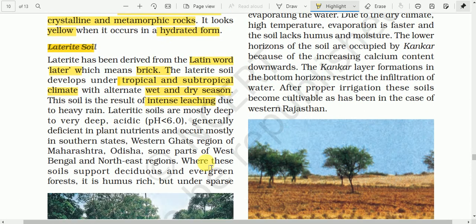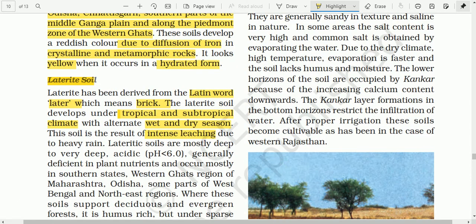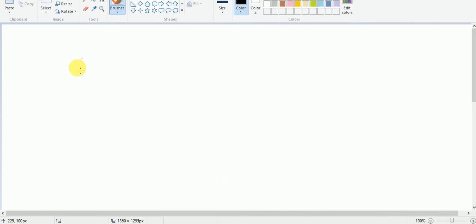And about the leaching process, I think you might have learned in the science classes. For example, here this is the surface, and this is the topmost layer of the soil. That is the A horizon that we have learned earlier.